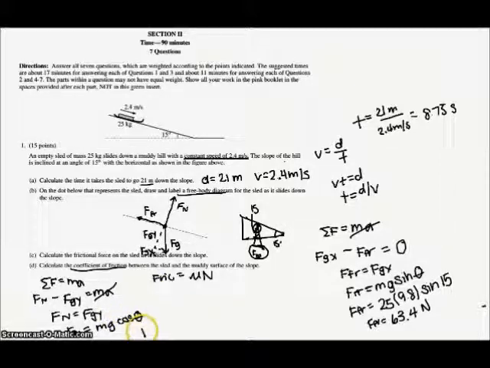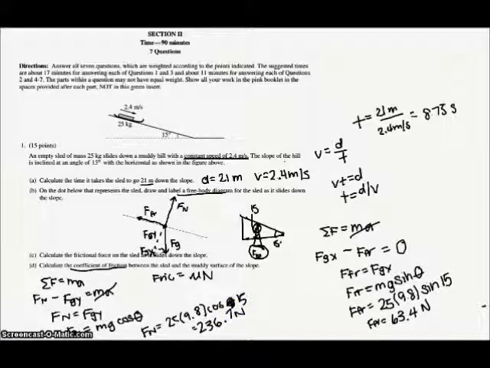And if we plug all the numbers in, it would give us 25, 9.8, cosine 15, and that would give us 236.7 newtons, approximately.